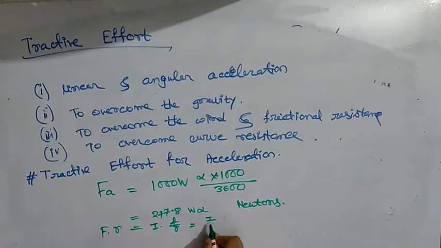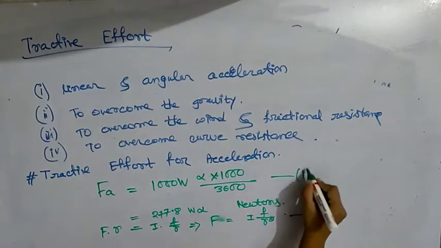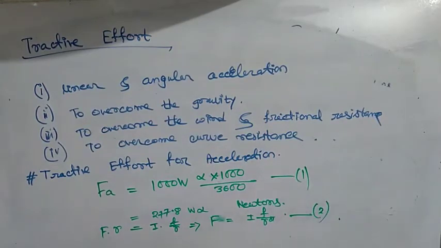Now F equals I f by R square. Suppose this is equation 1 and this is equation 2. Now magnitude of force as per equation 2 will be in addition to the force required to give linear acceleration, and equivalent additional mass of rotating masses is I by R square.